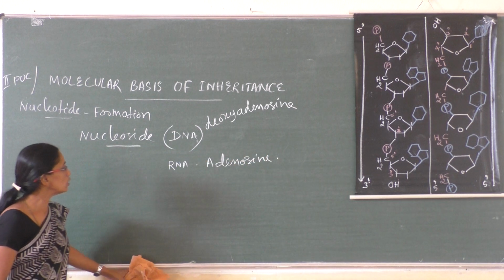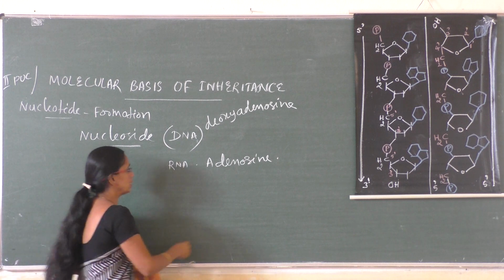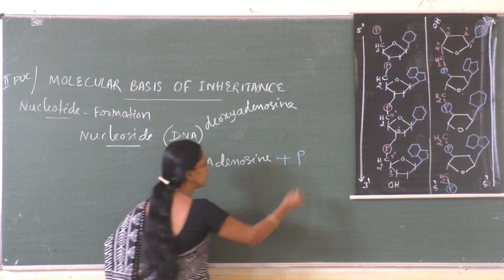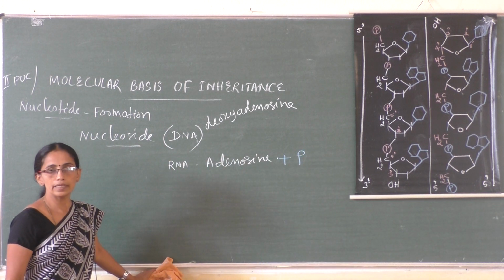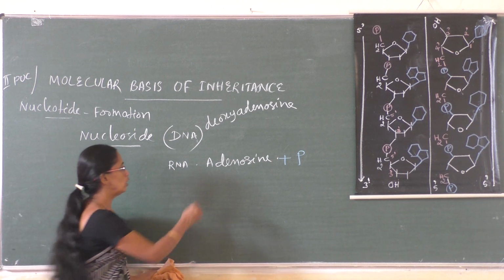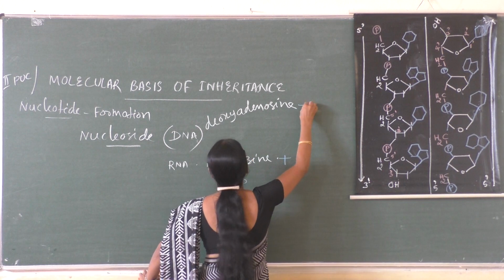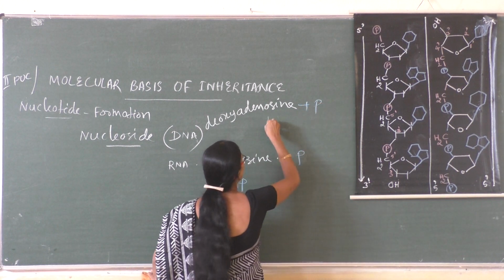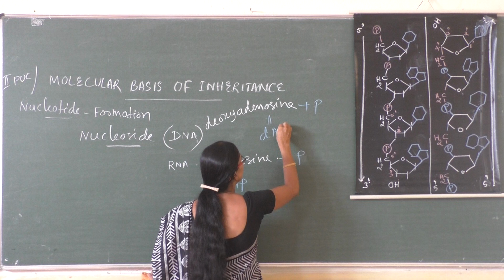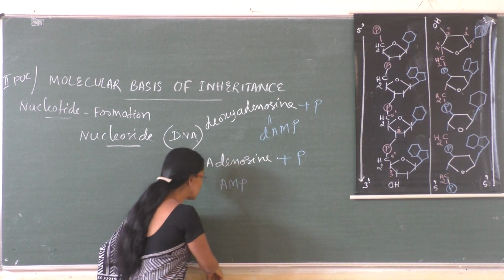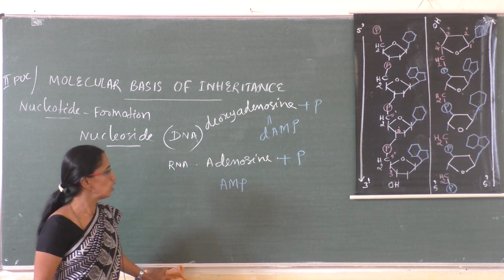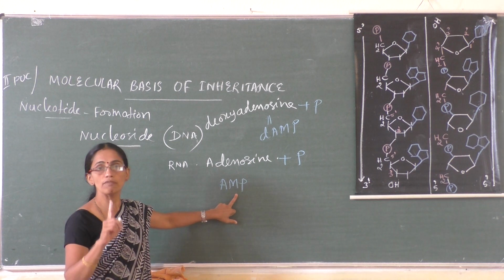So to this nucleoside, when phosphate binds, we say adenosine monophosphate. So I will write adenosine monophosphate. To this deoxyadenosine, when phosphate binds, it becomes deoxyadenosine monophosphate. So these have only one phosphate.